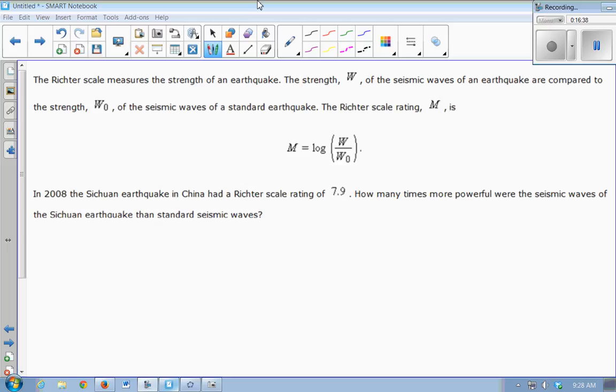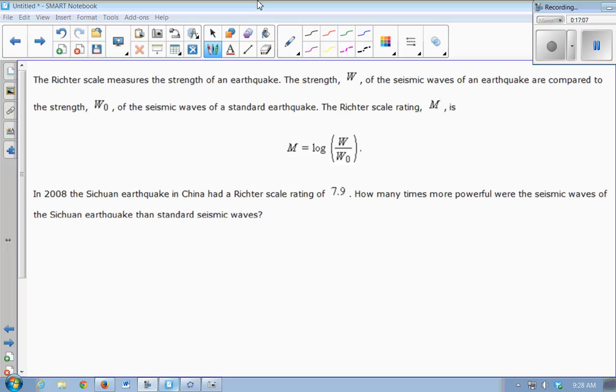It's the strength of the smallest recordable earthquake, like the smallest earthquake that the machine is sensitive enough to notice. And then the Richter scale is determined by taking the log of the strength of the seismic waves of the earthquake divided by the strength of the seismic waves of the standard earthquake, the smallest possible seismic waves.